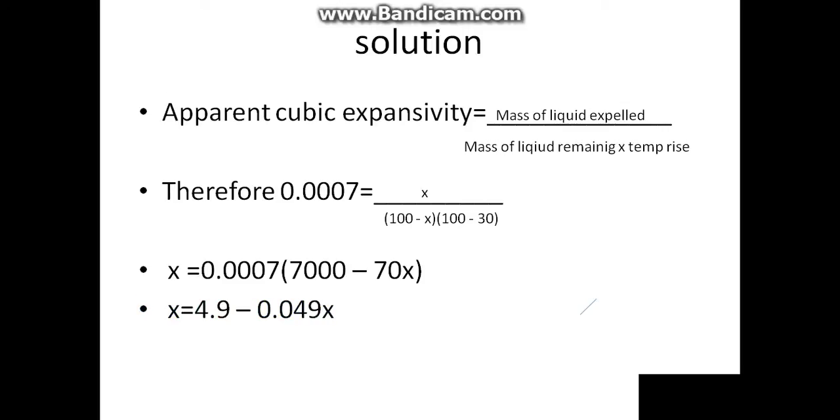Making x the subject of the formula, we have 4.9 minus 0.049x. Then x will now be equal to 4.9 over 1.049, which gives us 4.67 grams.